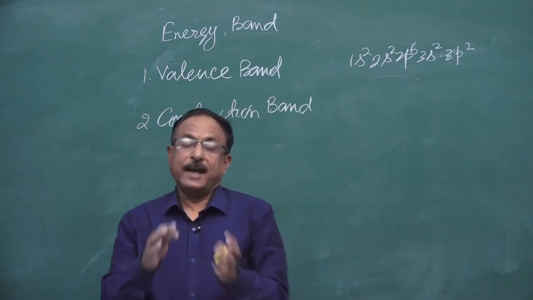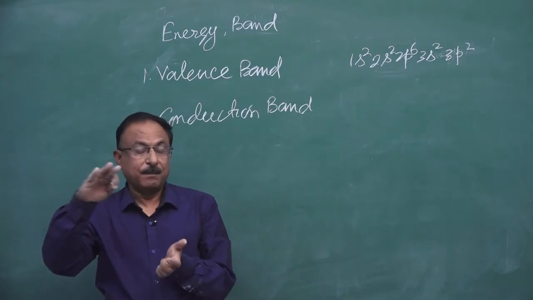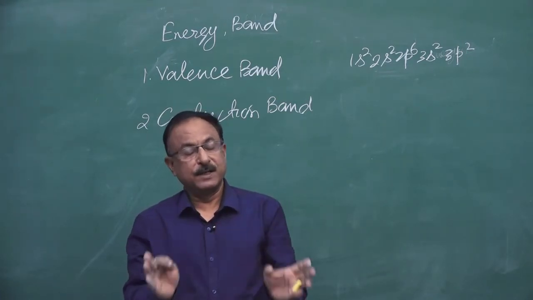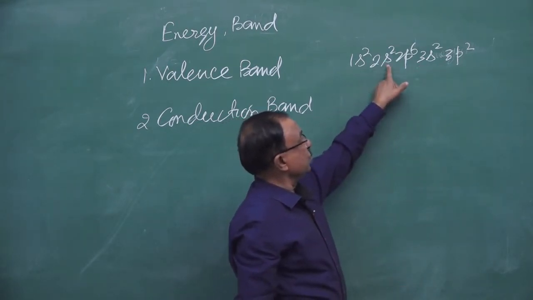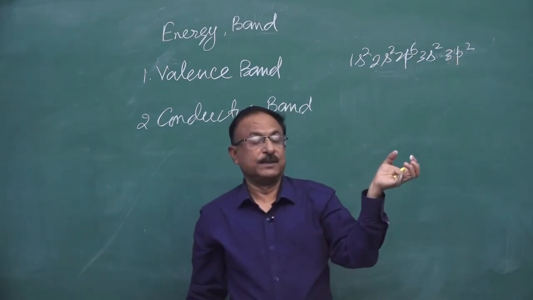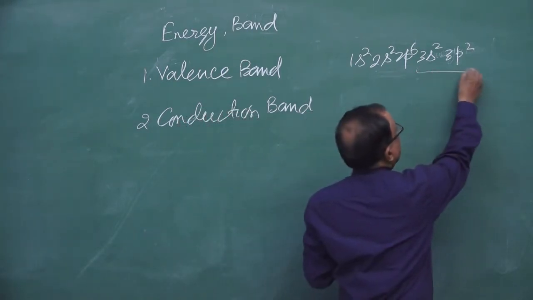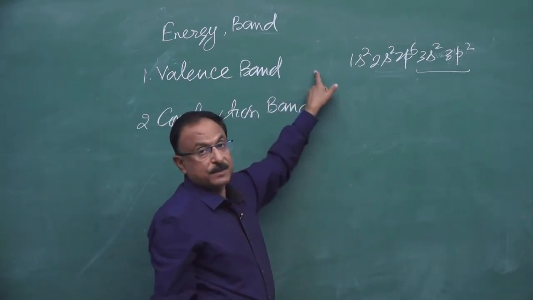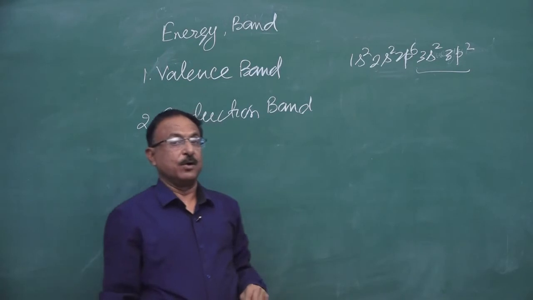For example, if we have 1s2, 2s2, 2p6, 3s2 and 3p2 as the distribution of electrons in, say, silicon, then the energy band formed due to the overlapping of the outermost, completely filled energy levels, we call the valence band. All quantum states are occupied, all energy levels are occupied.